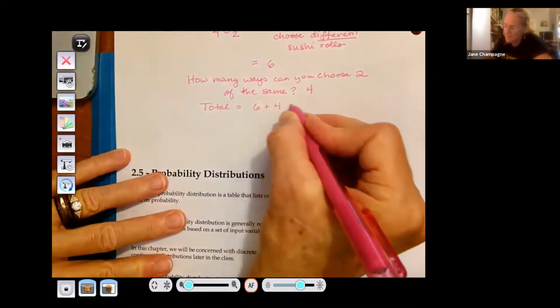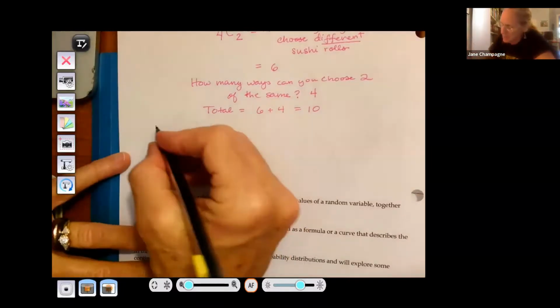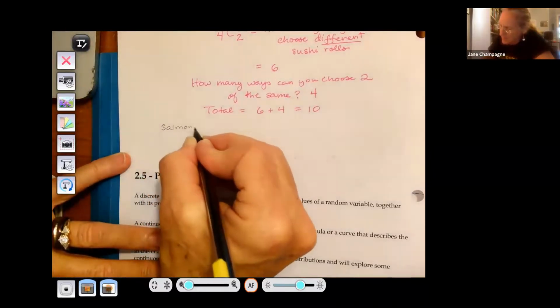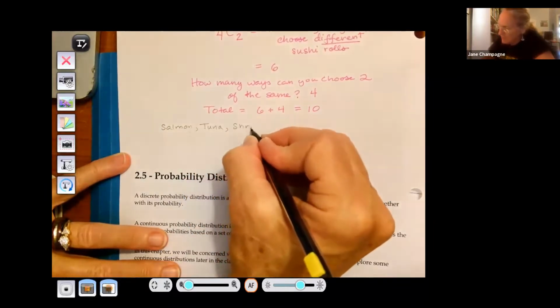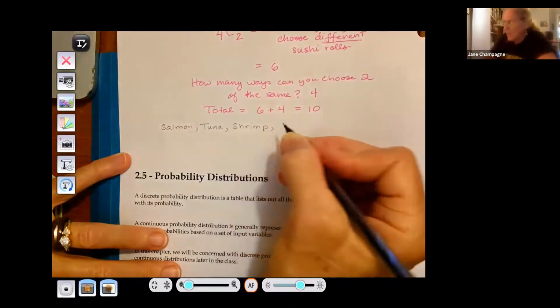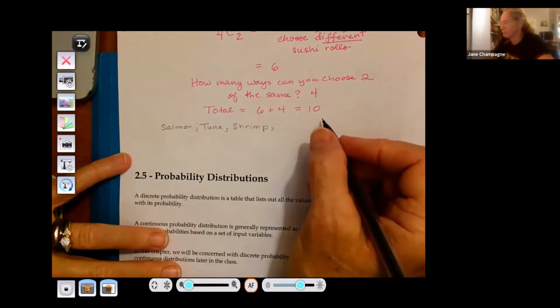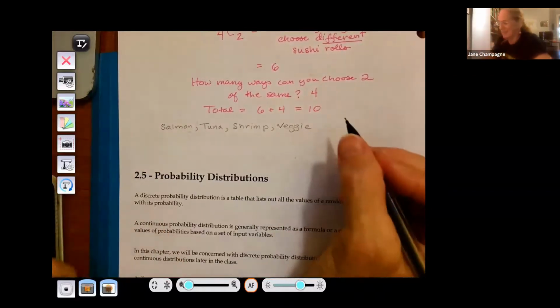Now we could actually count these. Let's suppose there's salmon, there's tuna, there's shrimp, and let's do a veggie one. So there's 4 rolls.